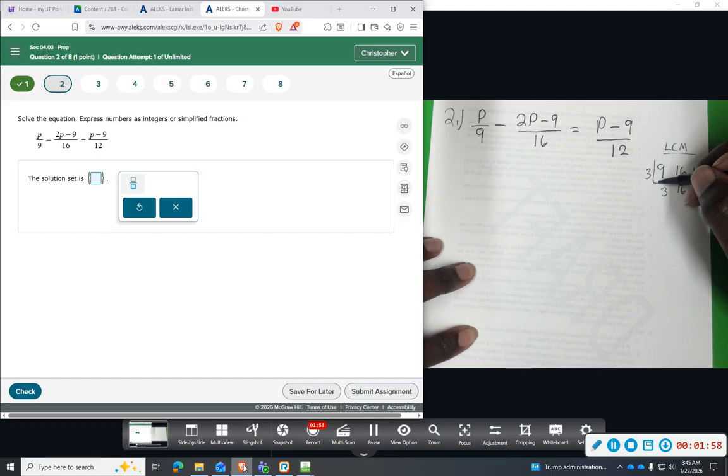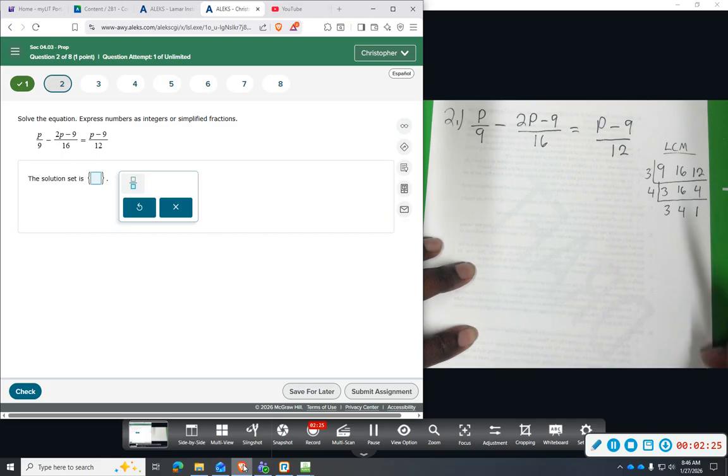Now I'm going to keep going and see if I can divide anything between all three or any two. I can divide 16 and 4. Both of those are divisible by 4. 3 is not divisible by 4, so I'll just bring it straight down. 16 divided by 4 is 4, and 4 divided by 4 is 1.